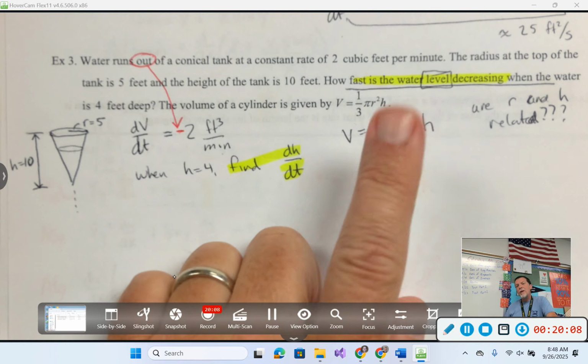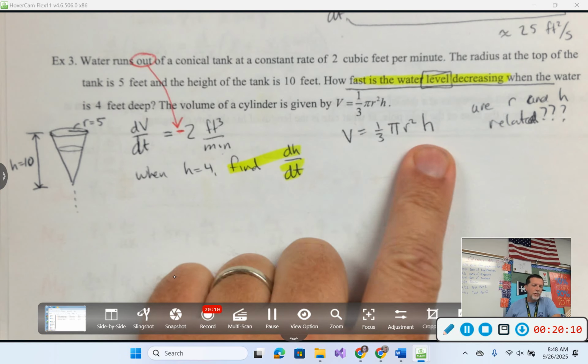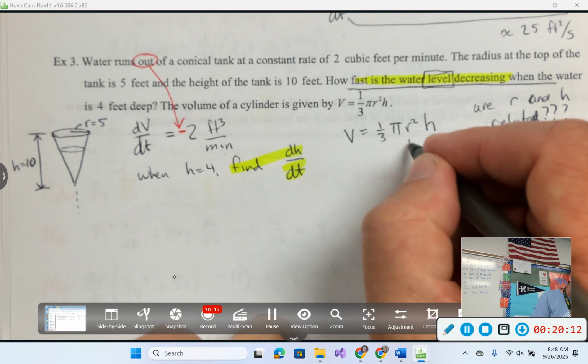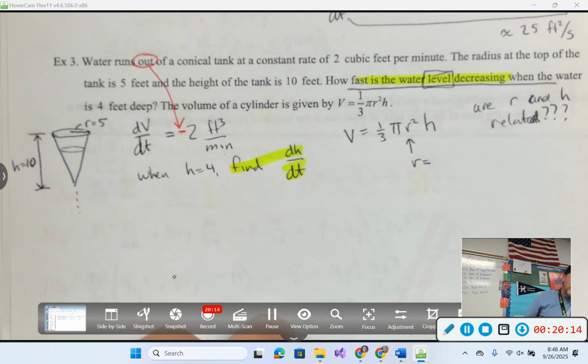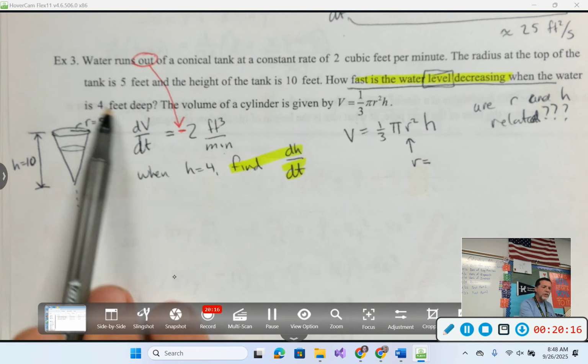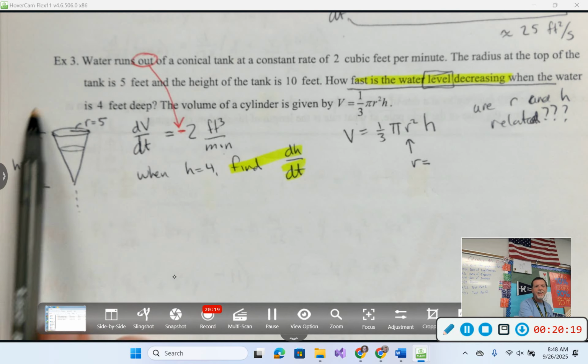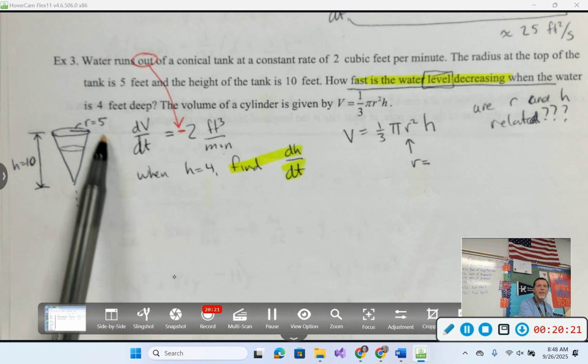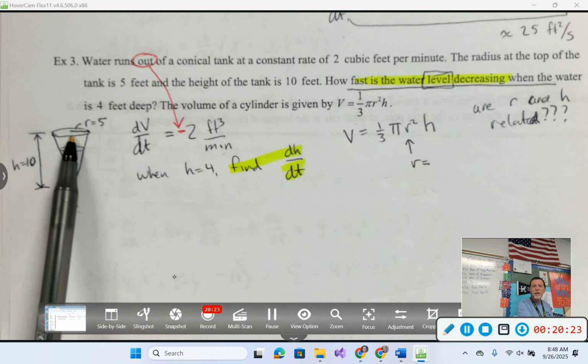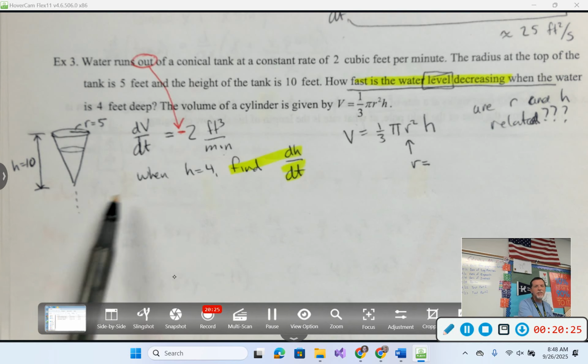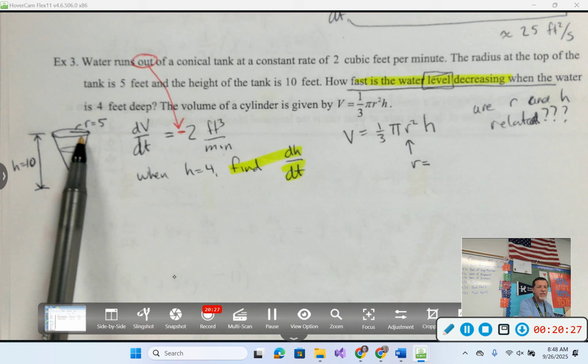I really would like my R's to go away because I want a problem with H in it. So does R equal anything over here? It's 5 at the top, but R is changing, so we have to be careful. I don't want to just plug in 5 because that 5 is changing.